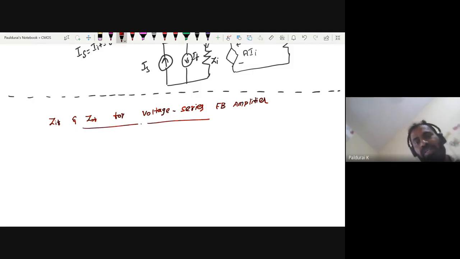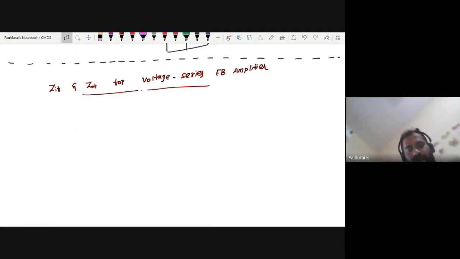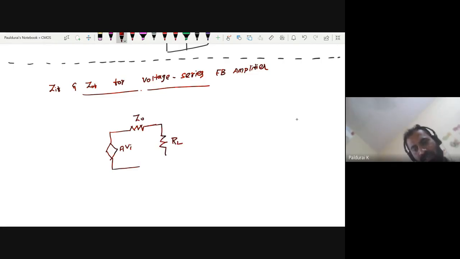Quickly, I want to draw the equivalent circuit, right? I want to draw the model for voltage series. So voltage series, in the output who will be there? I believe this is my A times Vi. So a voltage source in series. And finally I want to connect this RL, plus minus.